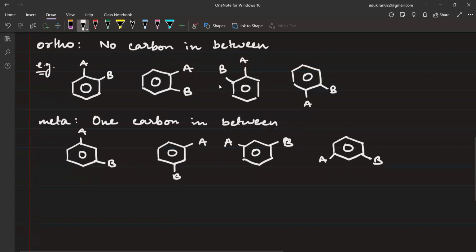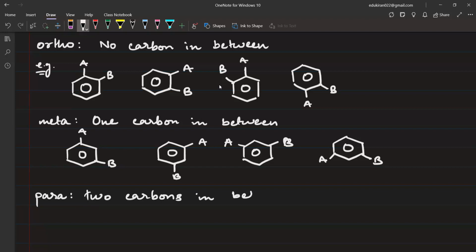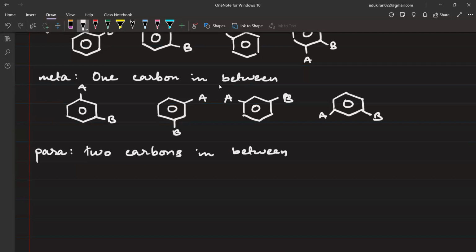Now, next we have para. Para is two carbons in between. A perfectly conventional way of writing this is AB like this, but you can write it in two different more ways.